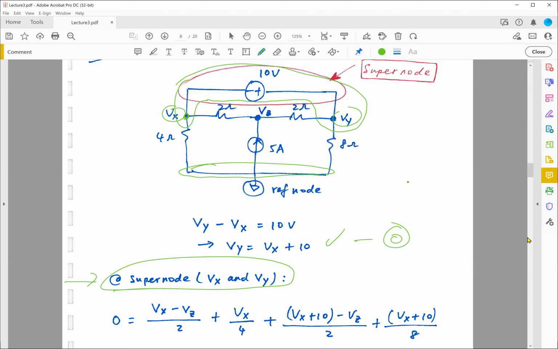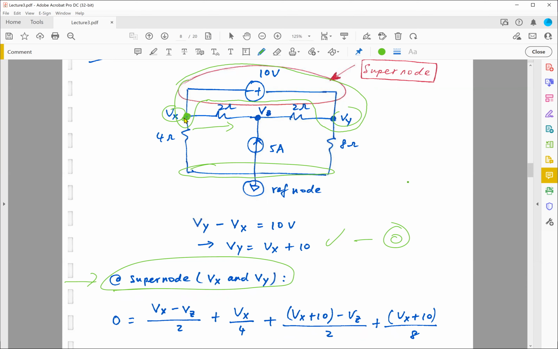I'm going to start on this side first. So Vx minus Vz, okay, so this is Vz. So Vx minus Vz divided by 2, that is the current flowing this way.